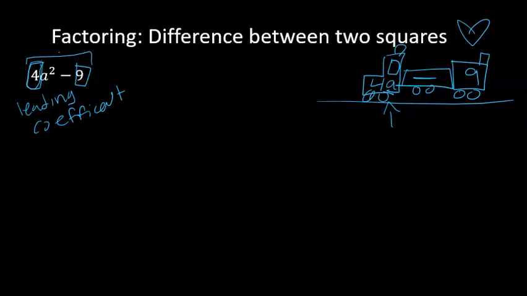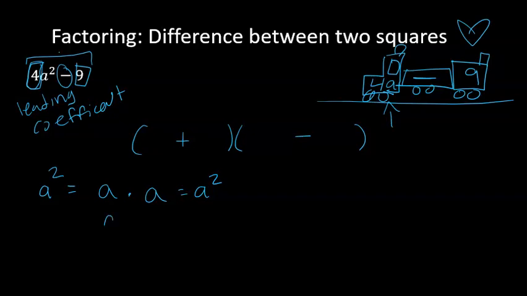Okay, so what do we do? Well, I do have that A, and I do have that minus sign, so I am going to set it up with the operators. I do know it's going to be plus and minus, but I've got that 4A squared. Well, if we didn't have that 4, we basically know that it's going to be A and A, because A times A is A squared, and A minus A is 0, so I know I'm going to throw an A up here.